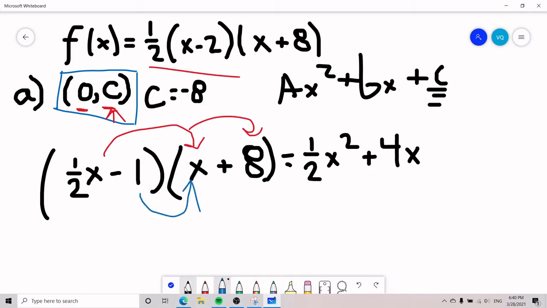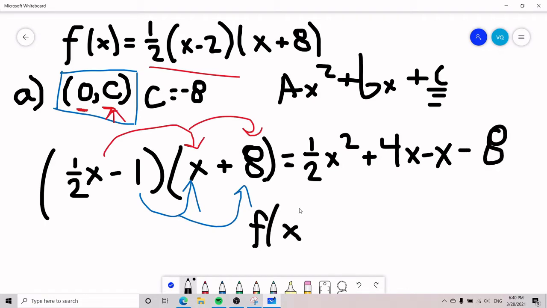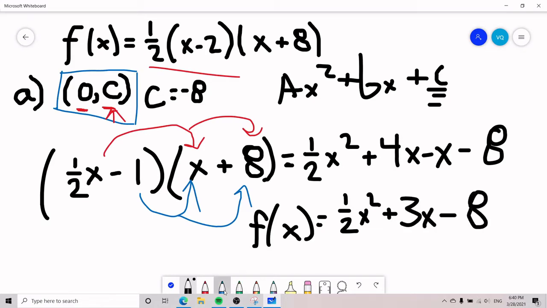This here would give me minus x. This here would give me minus 8. And so my f of x is 1 half x squared plus 3x minus 8. And notice, quite magically, that this minus 8 is the same c equals minus 8 here.